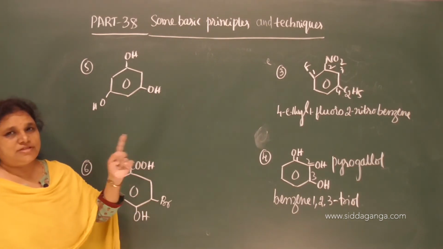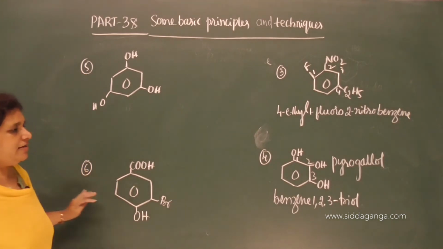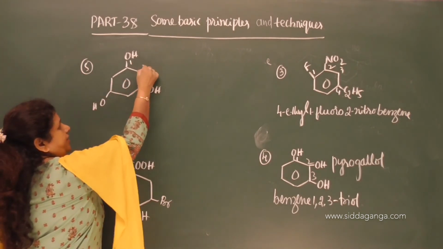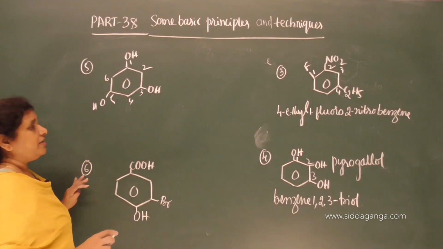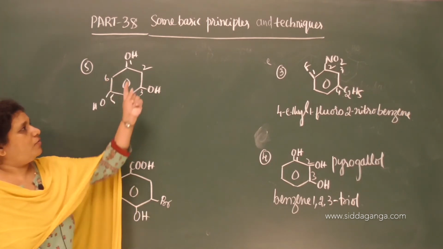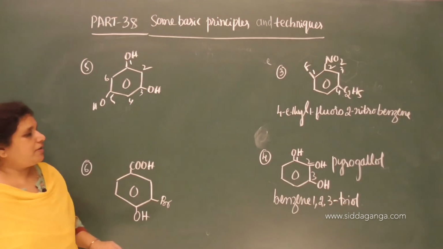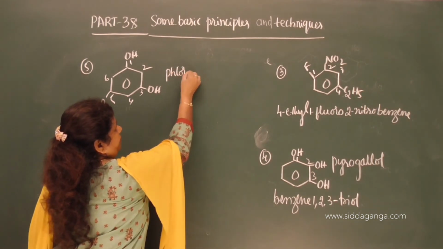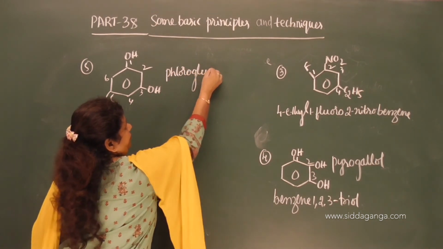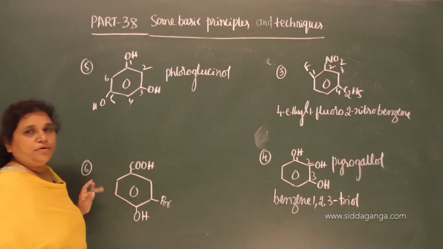The positions of the OH groups are different. Here it is on the first, second and third carbon. Here it is on the first, third and fifth carbon. Only the difference is the position of the OH groups. But the common name for this is phloroglucinol.